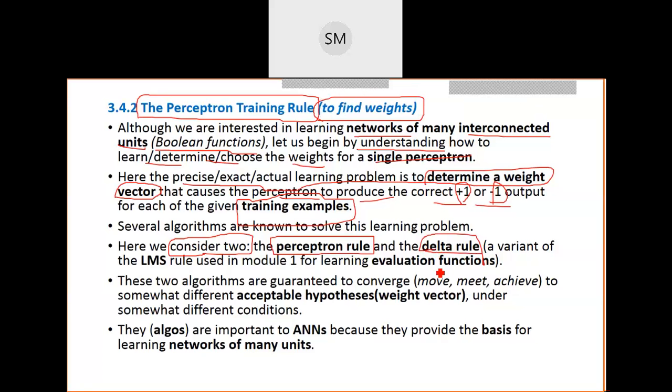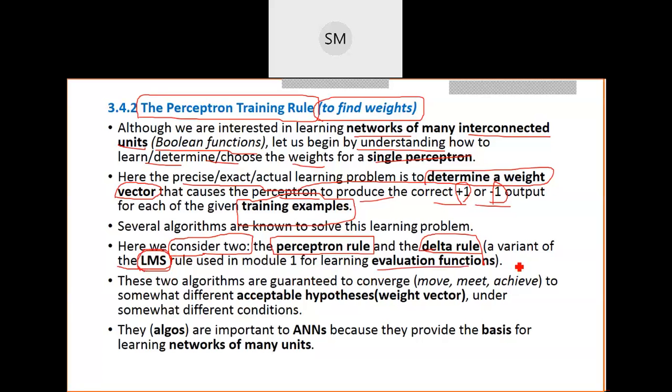First we will see this perceptron rule. Both of these rules are nothing but refined forms of our earlier rule that we already studied in module 1. I hope you remember this term LMS. I already told you about the LMS rule. The perceptron rule and the delta rule are extensions, or different versions, of the LMS rule that we studied in the first module for evaluation functions.